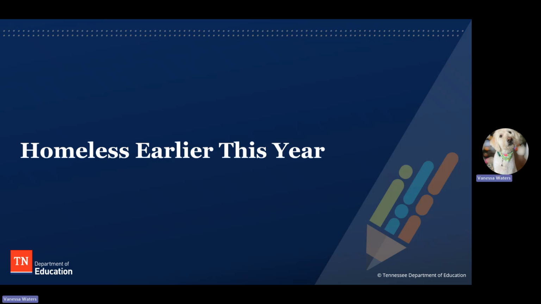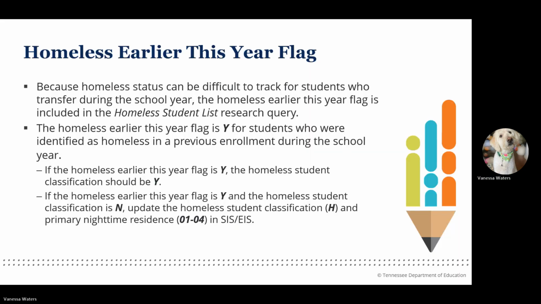Now let's talk about earlier this year. Because homeless students can be difficult to track for students who are transferred during the school year, the homeless earlier this year flag is included in the homeless student list research query. The homeless earlier this year flag is Y for students who were identified as homeless in a previous enrollment during the school year.